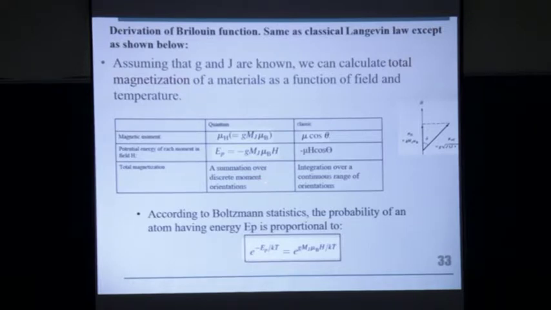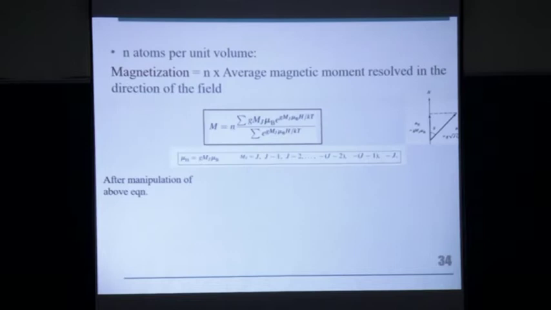Okay. So according to Boltzmann statistics, the probability of an atom having energy E is given by e to the power minus E by kT. So you substitute this into this and you will get the probability is g m mu B h by kT.